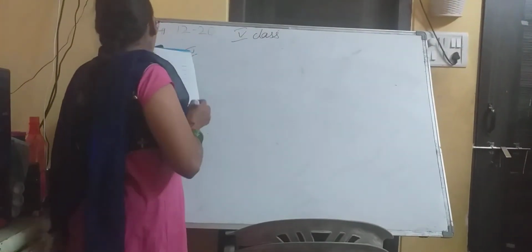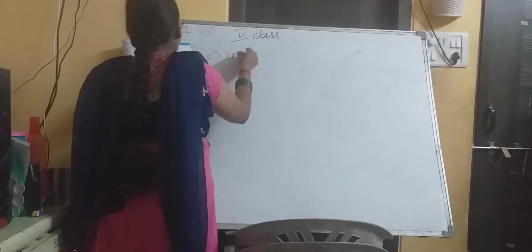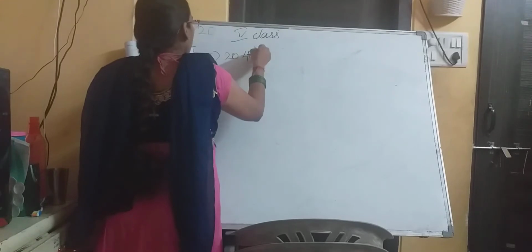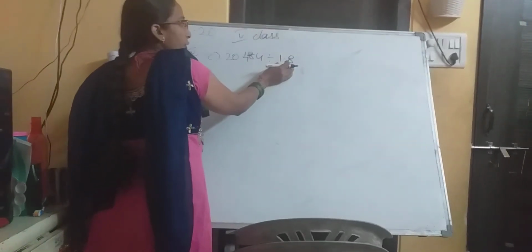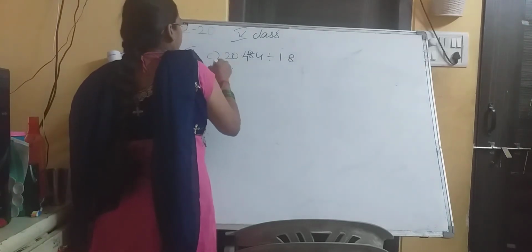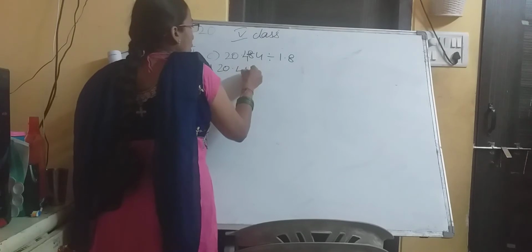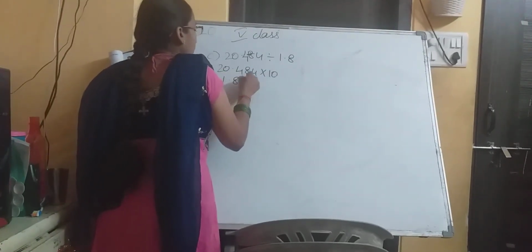So I am going to show you C1. 20.484 divided by 1.8. So this you are going to multiply with 10 now. 20.484 into 10, then 1.8 into 10.